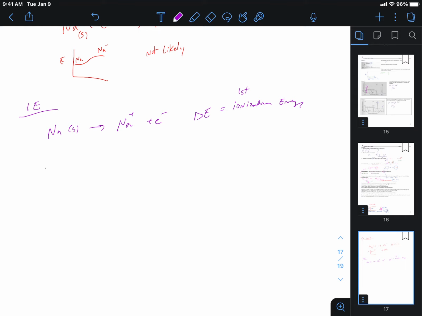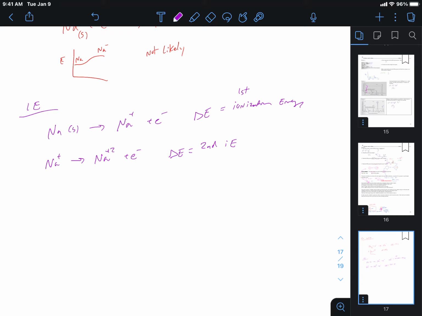But what if you saw something like this? In this case, this is something you probably will never see, but for the sake of hypothetical discussion, what would we call this? Well, yes, this represents the second ionization energy.